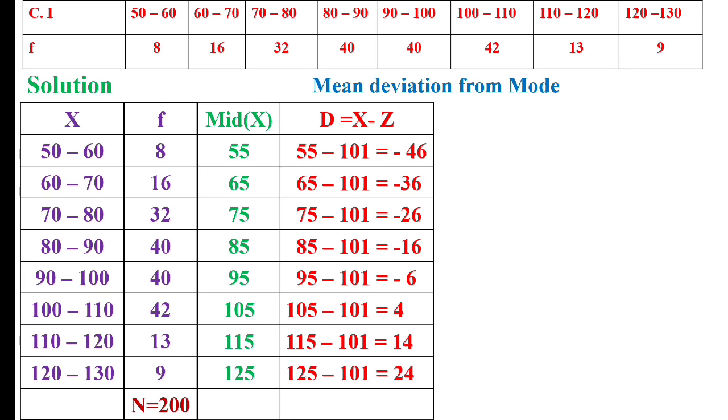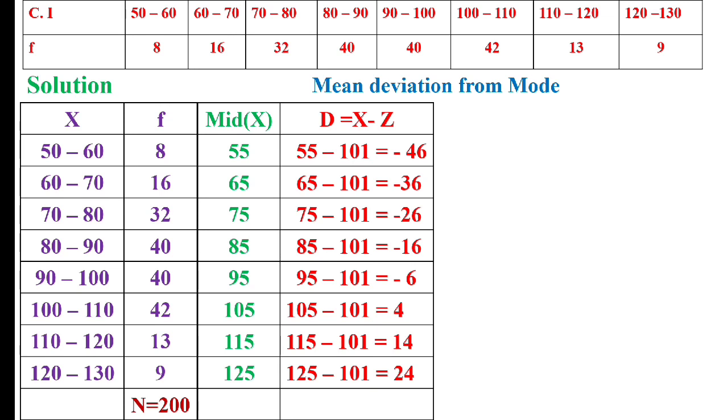Then absolute values of D, removing negative signs: 46, 36, 26, 16, 6, 4, 14, 24. Then F into D: 8 into 46 is 368, 16 into 36 is 576, 32 into 26 is 832, 40 into 16 is 640, 40 into 6 is 240, 42 into 4 is 168, 13 into 14 is 182, 9 into 24 is 216.